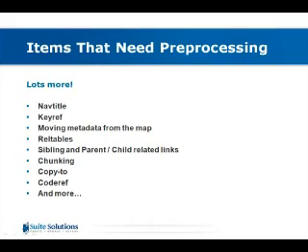Keyrefs require processing much like conrefs. Sometimes you can put metadata into the map, into the topic ref, and that metadata will have to get moved into your topic. If you have relationship tables, the information that starts off in the map needs to make its way into every topic so that you can output your related links at the end of your topic.